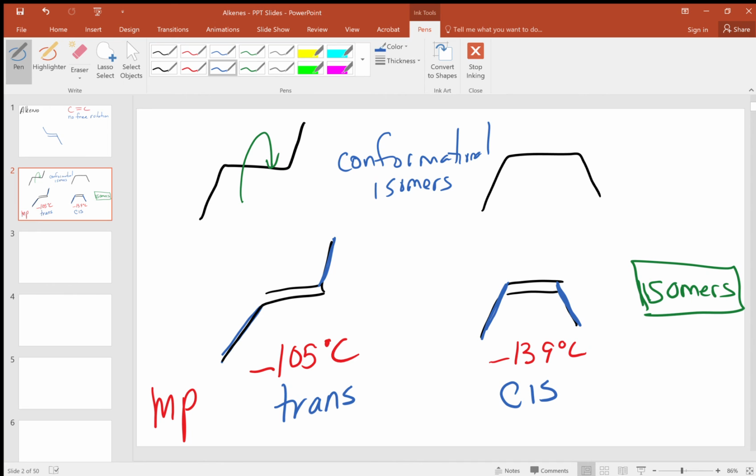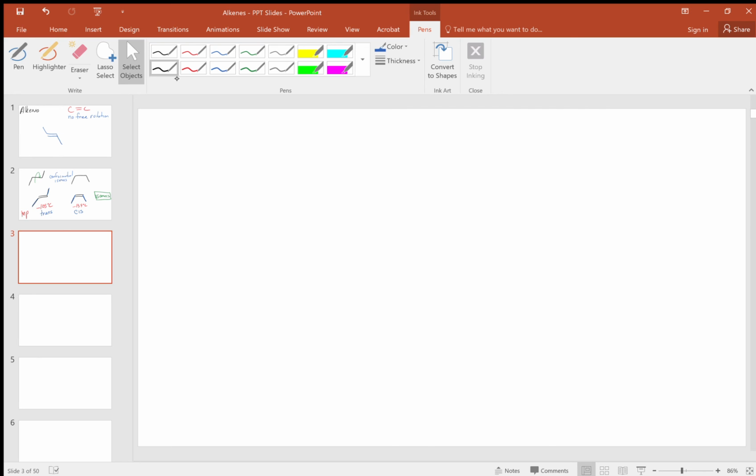Now, if you had a cis and trans alkene, is that something that we can easily determine which is which? And I don't mean from looking at the structure. What I mean is from, if we actually had the compound in hand. So you may recall back in the NMR chapter, we talked about this thing called a coupling constant.